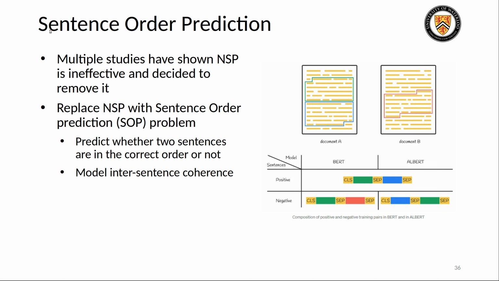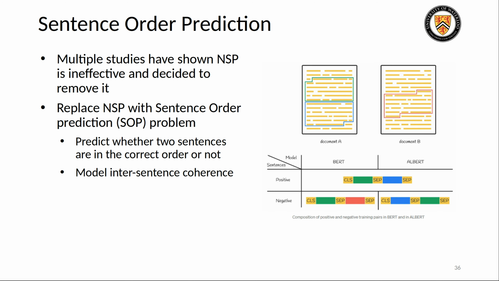And the third technique introduced is inter-sentence coherence loss, or sentence order prediction. In BERT, the next sentence prediction objective is used to encourage the model to capture relationships between sentences. However, as we discussed earlier, the NSP objective has been shown to be less effective than other pre-training objectives. So ALBERT introduced a new pre-training objective called sentence order prediction, which is supposed to be more effective than NSP.